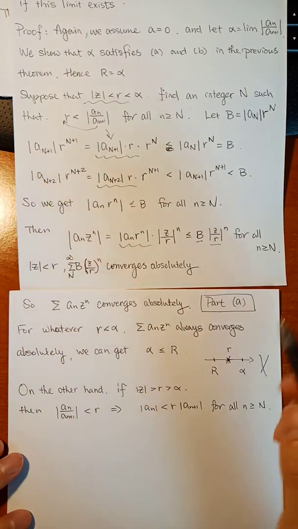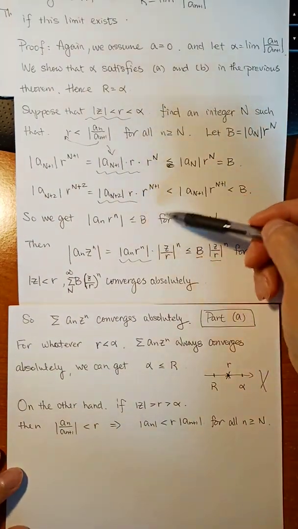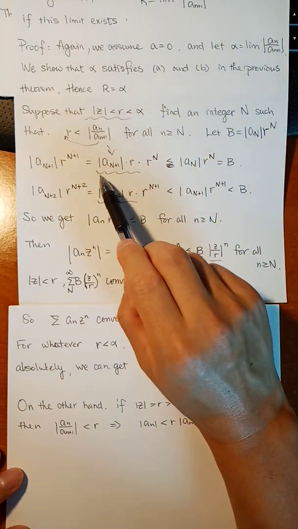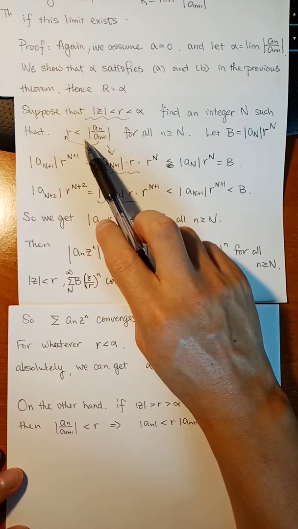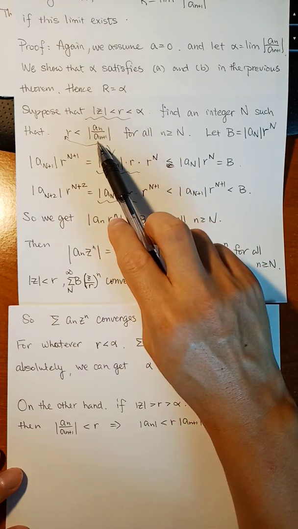Then in this process we have equality. Only in this place we have inequality, and this inequality comes from this condition.